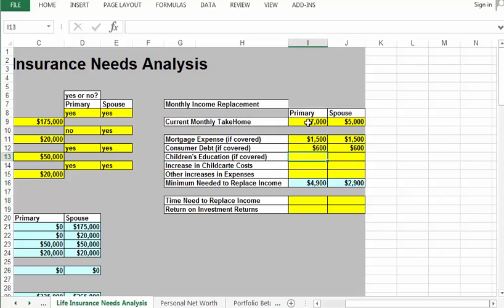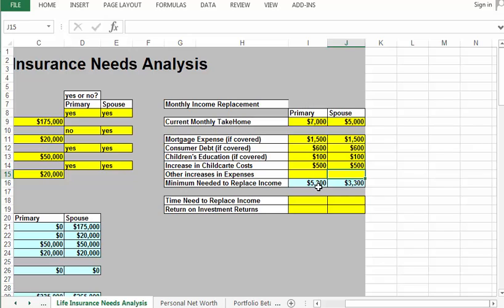Kids' education, if we're going to cover it, we're already paying some money, so let's just say it's $100 a month now. Will there be any increase or change in child care? The husband says, yeah, somebody's going to have to watch the kids, so that's going to increase $500 a month. Are there any other increases that we need to cover? No, we don't need that.